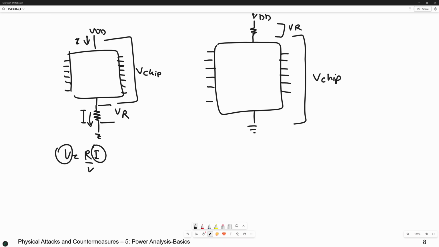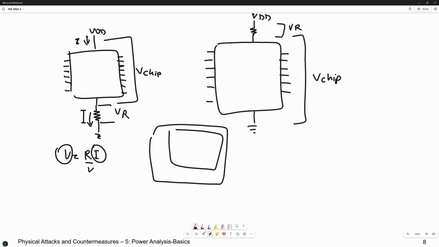Usually the devices that we have, the oscilloscope, this is a screen of the oscilloscope, and there are some lines. Every one of these connectors of the oscilloscope, you connect it here, one side to the VR.